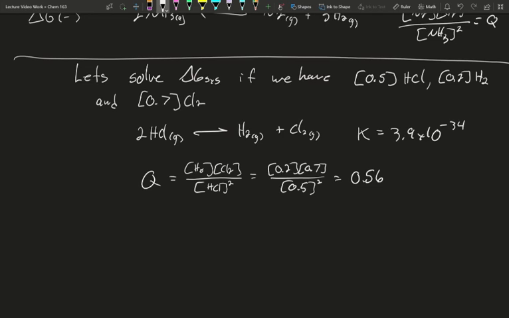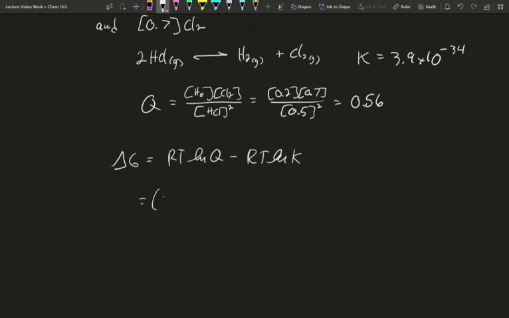This is quite different. Well, let's plug it in and solve what our free energy is in this present mixture, as it drives the reaction mostly towards products, it looks like. Well, it's RT ln of Q minus RT ln of K. What is the propensity of our present mixture versus where it will be at equilibrium? 8.314, 298.